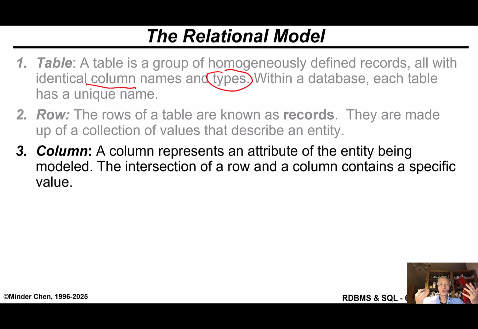If you try to describe, let's say, a customer, it may have customer ID, customer name, customer address, the zip code, etc. And so through row and column we can find a specific data point, like a particular customer's name from their name column.